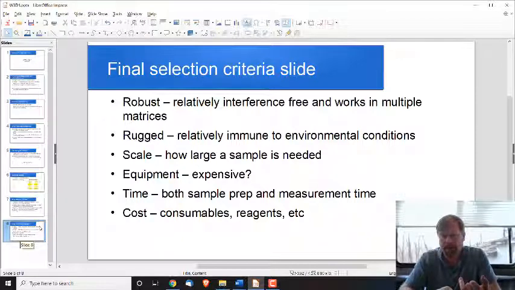Final thing to consider is the cost. So you've got consumables, reagents. A pipette tip is an example of a consumable. You use it once, you throw it away.